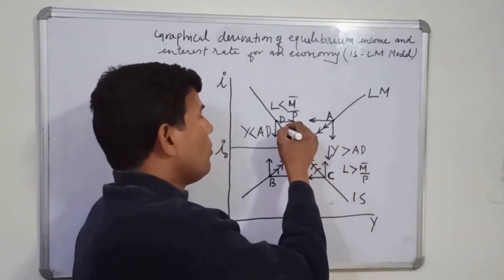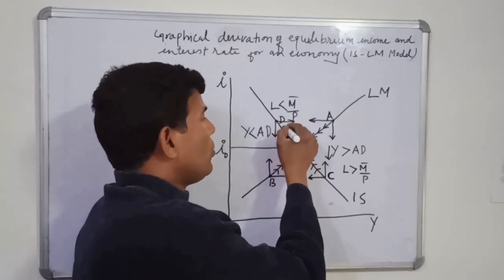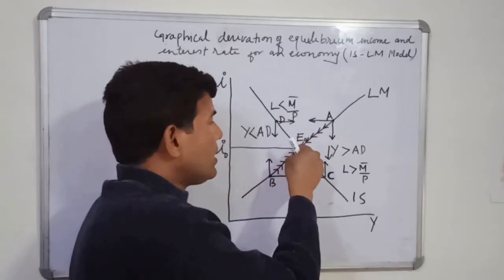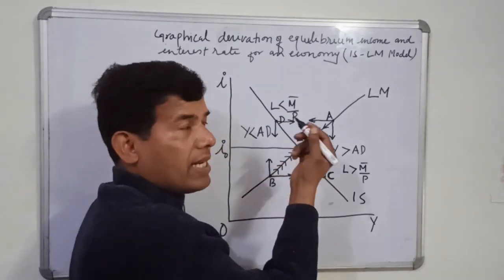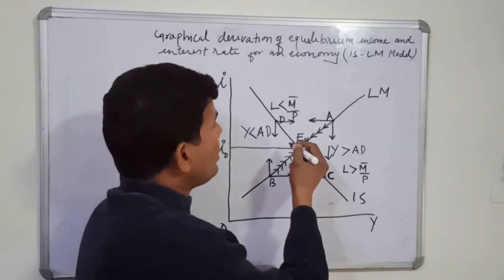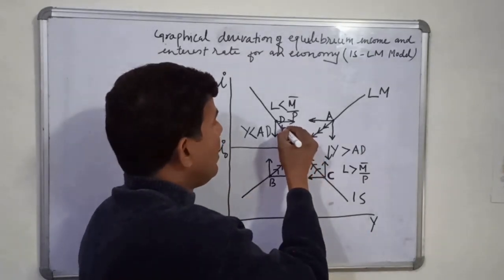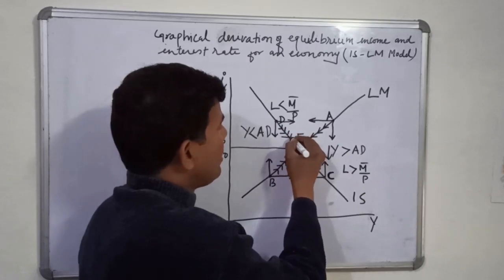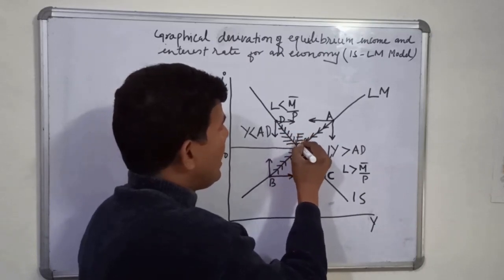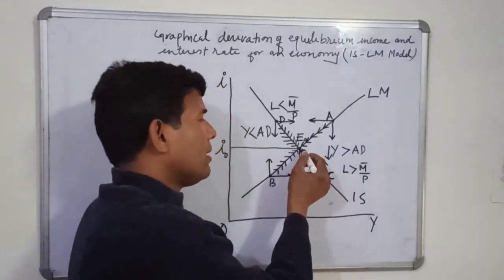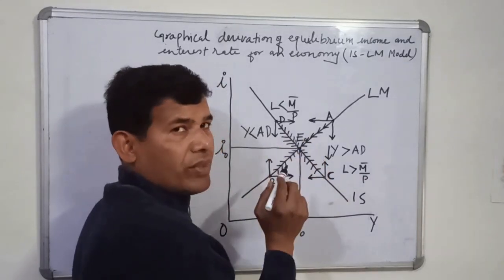Now both forces would lead this point to move towards E. So the economy's trajectory would be characterized by interest rate falling and income rising. And this process will keep taking place till the economy reaches point E.